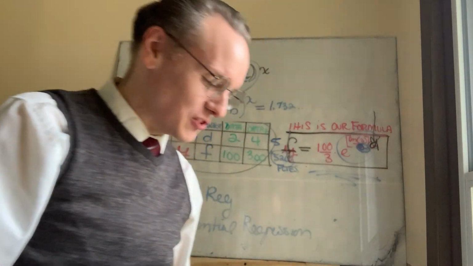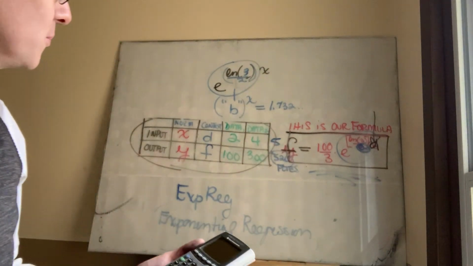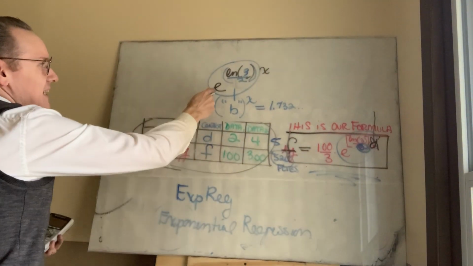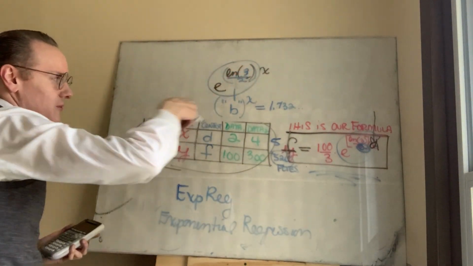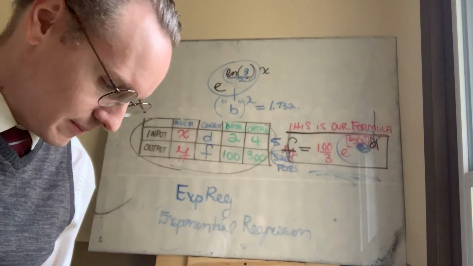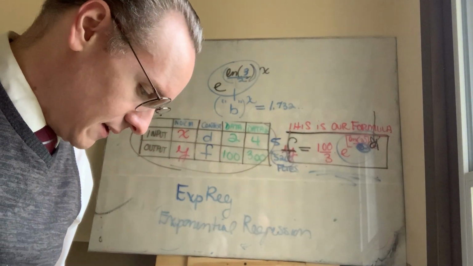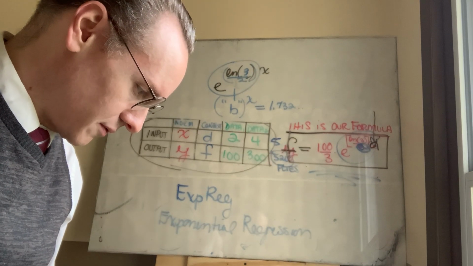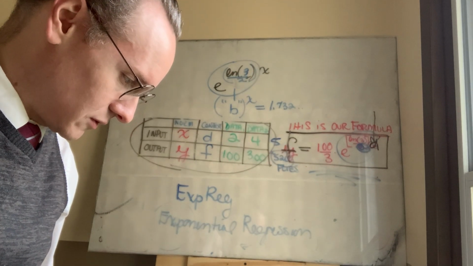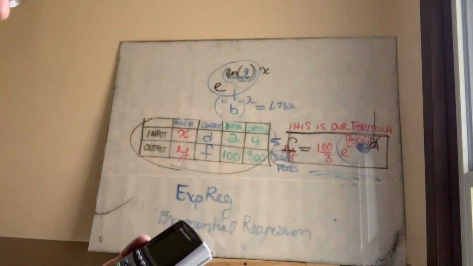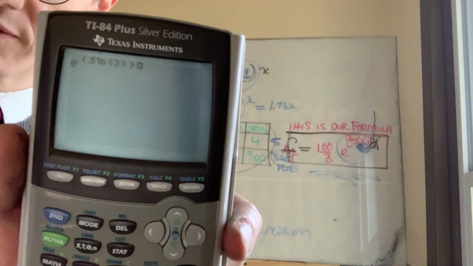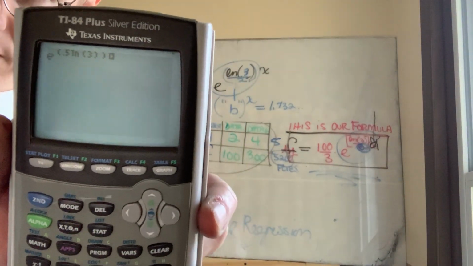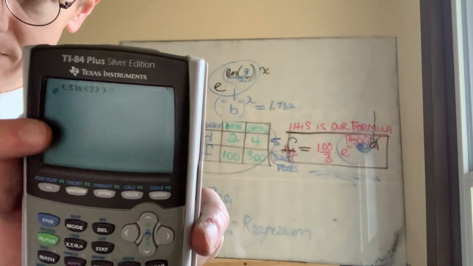I wanted to show you something here. Not to beat a dead horse, but again, the e to the natural log of 3, 2. I'm going to type it: 0.5 times the natural log of 3. That's 0.5, or 1/2, as a coefficient rather than as a denominator, but it's the same difference.